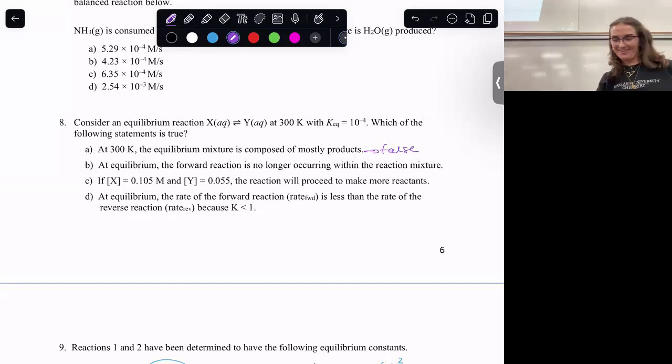K is less than 1, so that is reactant favored. For B, at equilibrium, the forward reaction is no longer occurring within the reaction mixture. That's false, right? What happens at equilibrium? The rates are equal, but the reactions are still happening.